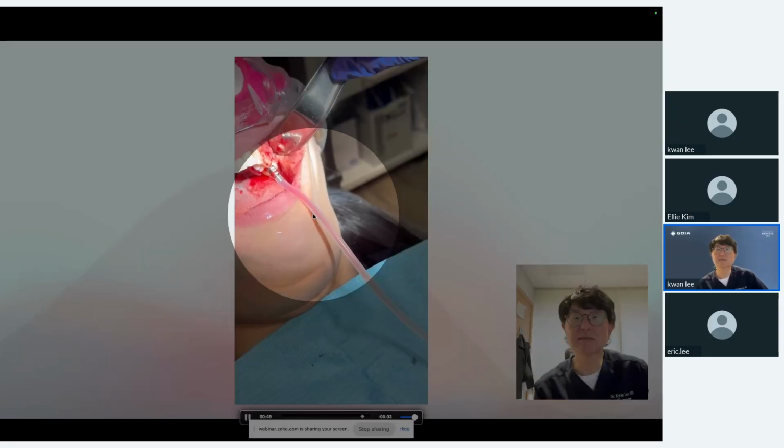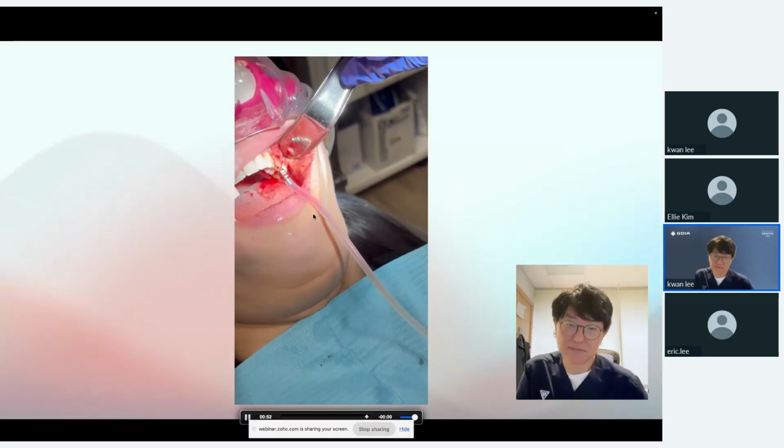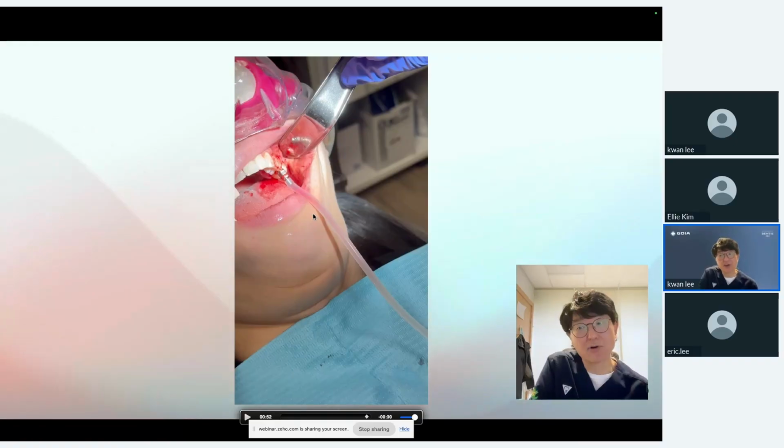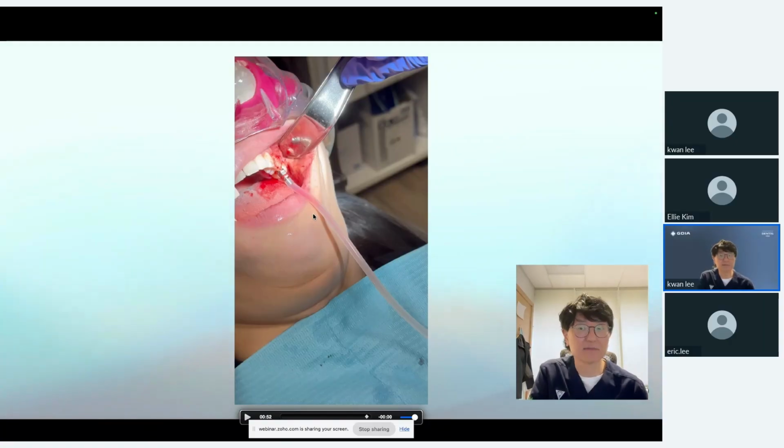So this is huge feedback, because now I have real-time feedback from the sinus. Now I have real-time feedback that the membrane is intact. Now I have real-time feedback that the membrane is being elevated. So that's how much control we have.